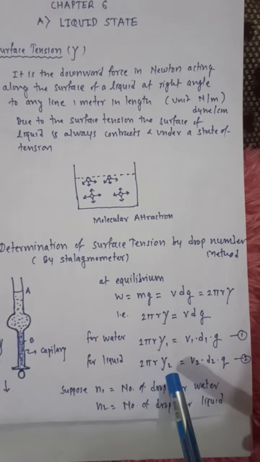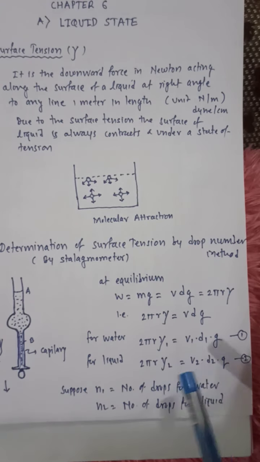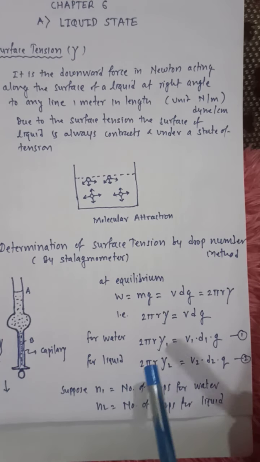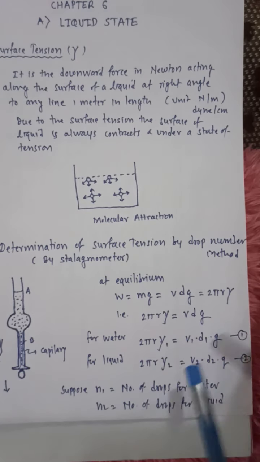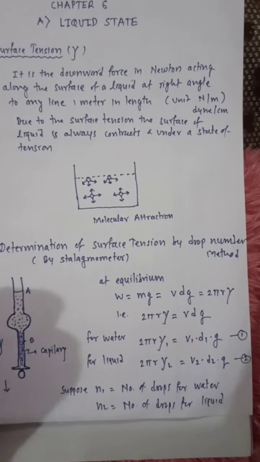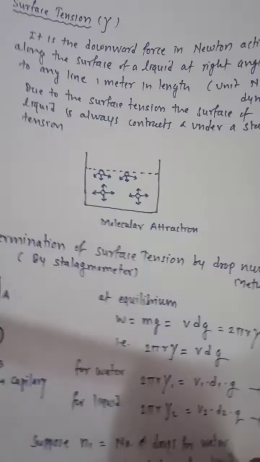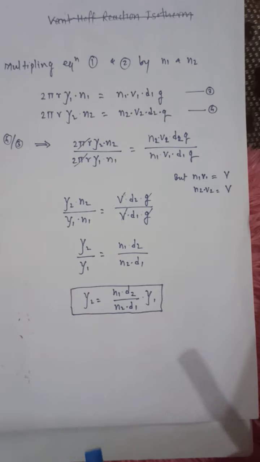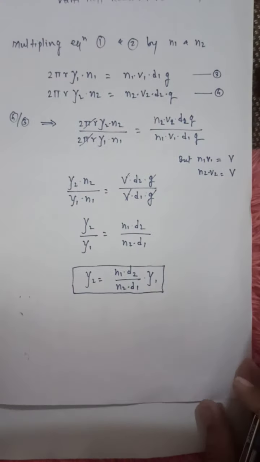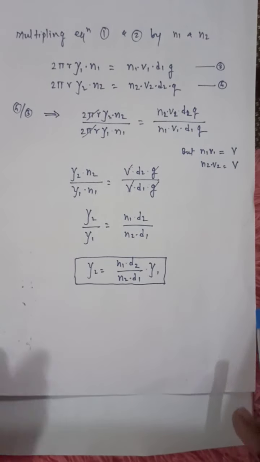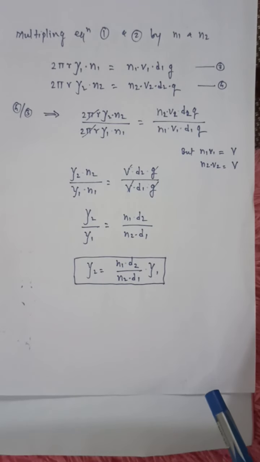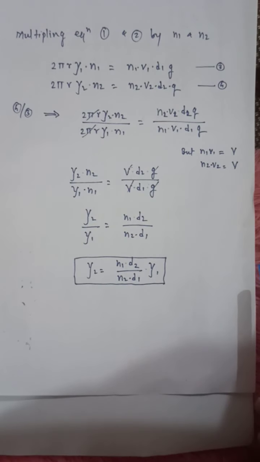The terminology is the same: gamma 2 is the surface tension of the liquid, V2 is the volume of the drop for the liquid, and D2 is the density of the liquid. Now we will multiply equation 1 by the number of drops for water and equation 2 by the number of drops for the liquid, that is N1 and N2.